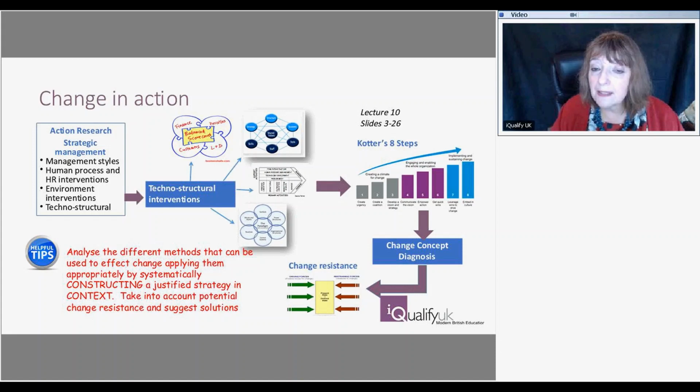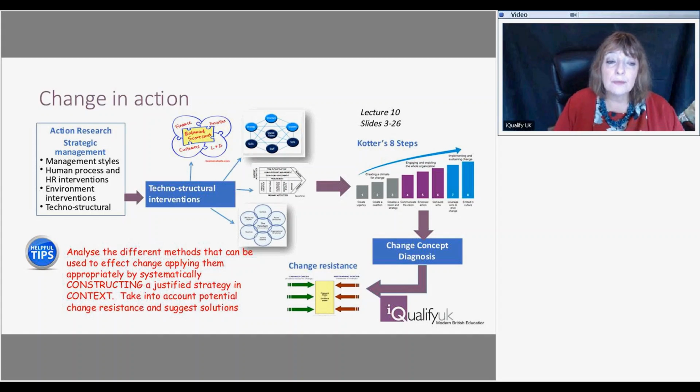That model then leads us to what change we need to take place, and equally the type of resistance we will get to our change. So how do we cope with that? So we've gone through a whole cycle effectively of change in action, from the beginnings of where we're looking at what type of change we're going to include to right the way through in a very much more relaxed way.